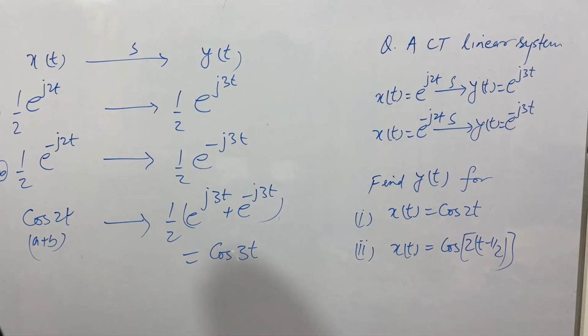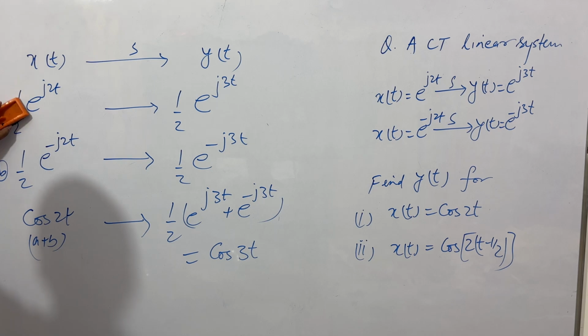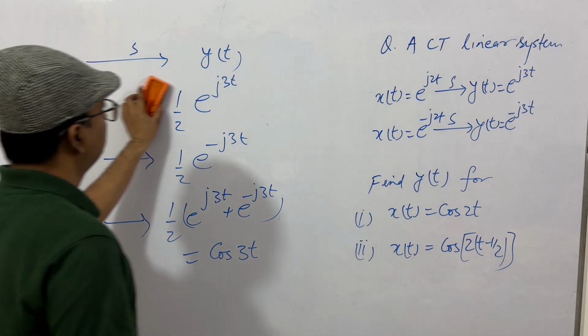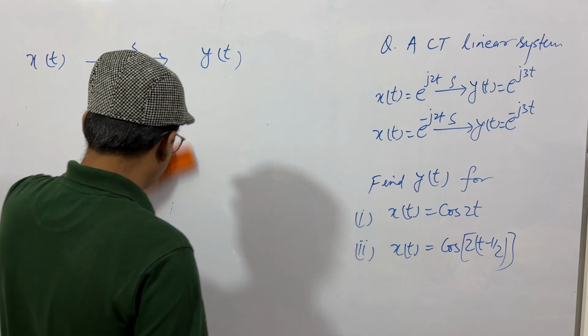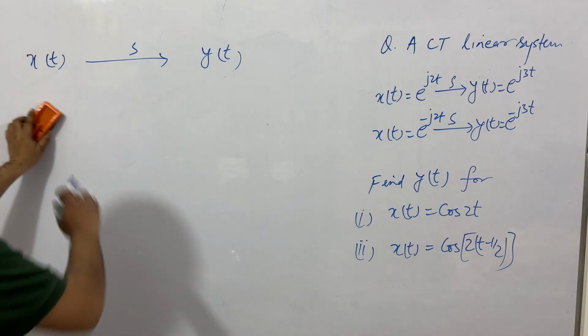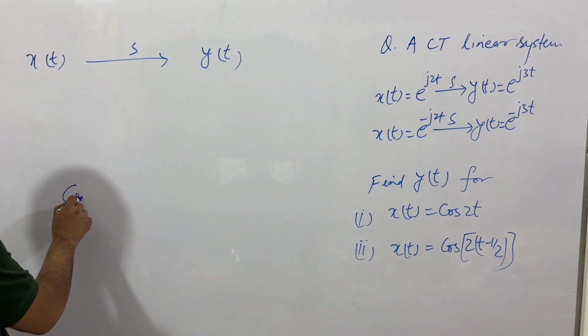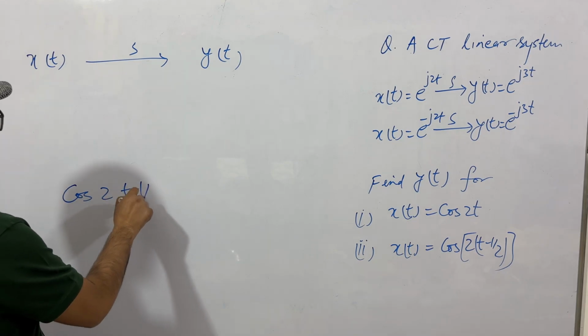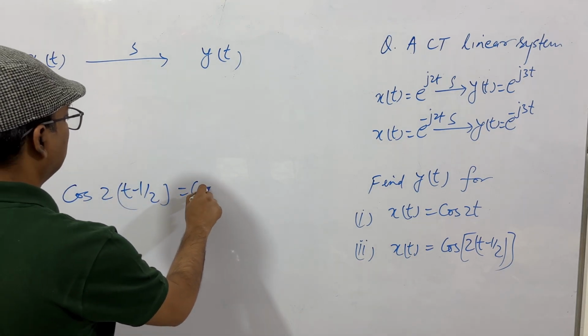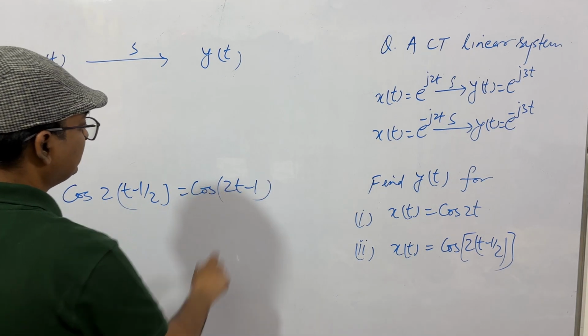Now let's see the second part. Similar to what we just saw, let's analyze cos(2t minus half). This is cos(2t - 1).